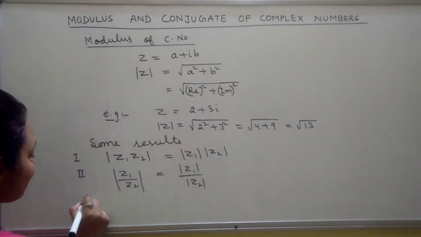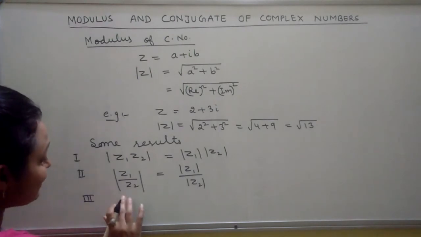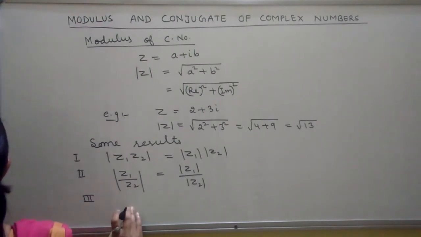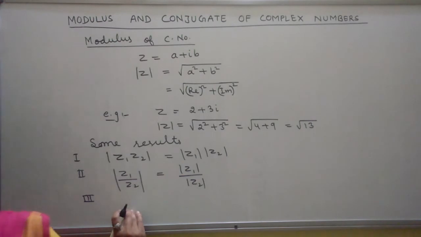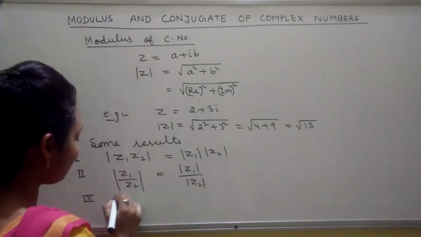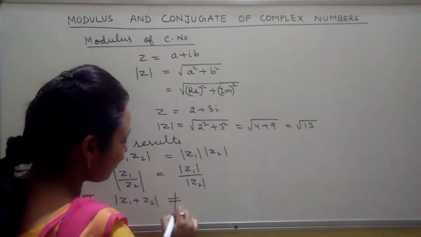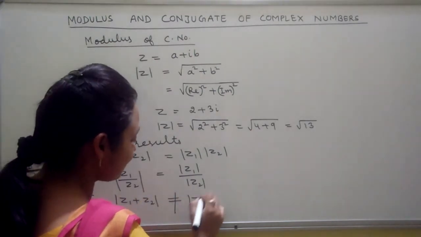Now the third result: if there is the modulus of z1 plus z2, that should not be equal to |z1| plus |z2|.